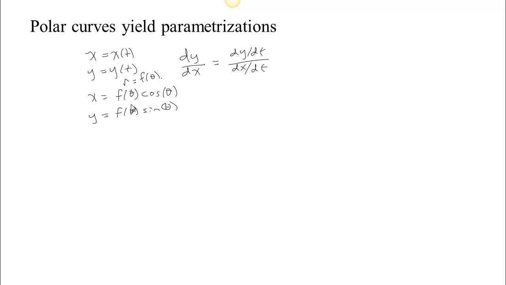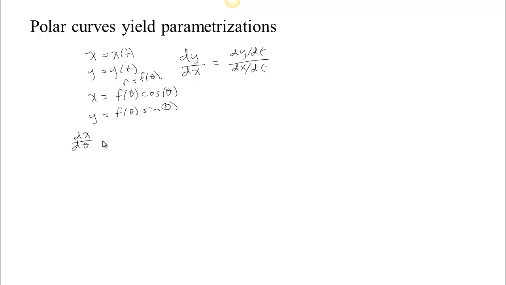So now the only difference here is that instead of the parameter being t, the parameter is the angle theta, but it's still a parameter. It's a variable on the side here that's controlling x and y. So let's see what this formula yields. If we're careful here, we can get kind of a nice little value. Let's see.